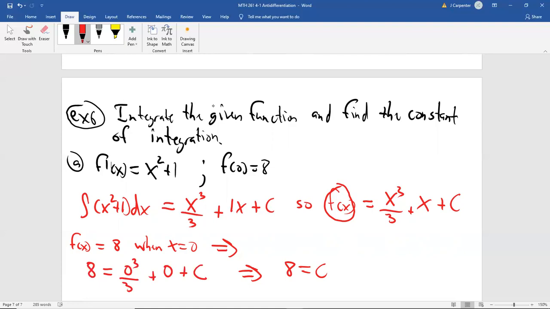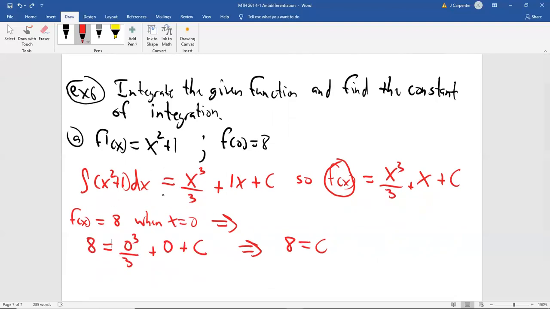So all we do is go back in, plug this number in where we had a c written before. That's going to go there. So our function, f of x, which was the integral of f prime, and accounting for the initial condition, is x cubed over 3, or 1/3 x cubed, plus x plus 8.